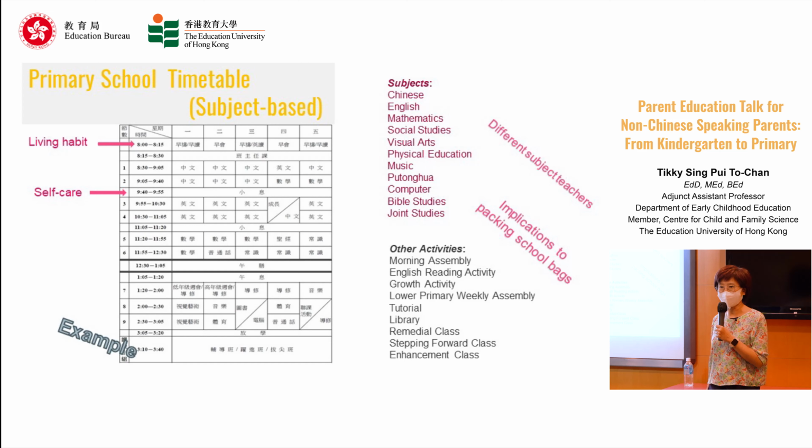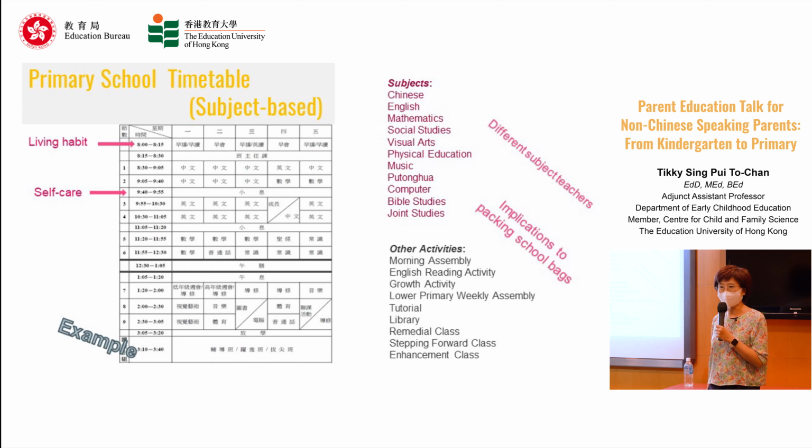So it will be in this way. Let's look at this. The time to start the class is 8 o'clock in this school. What's the difference between this 8 o'clock and your kindergarten timetable?